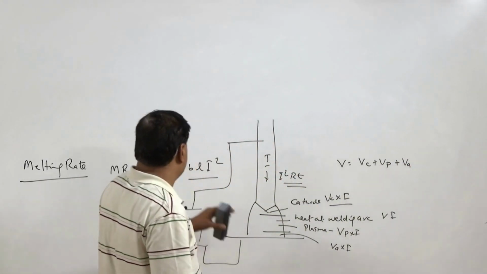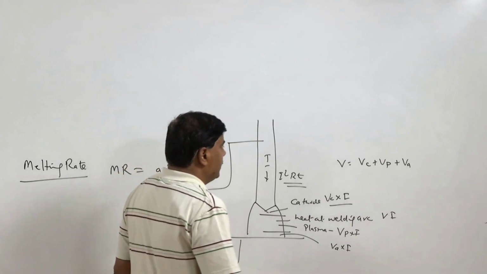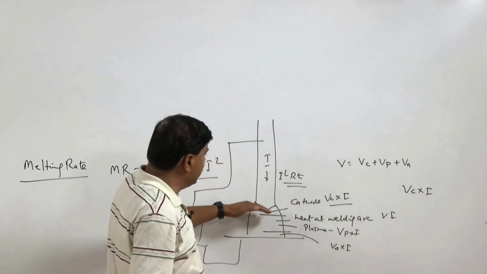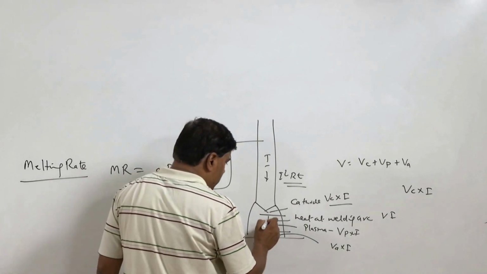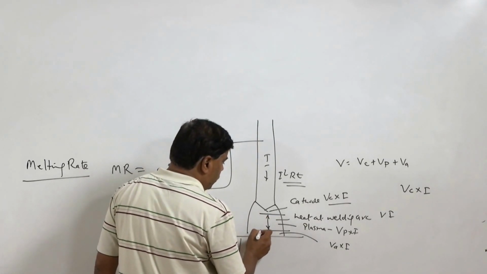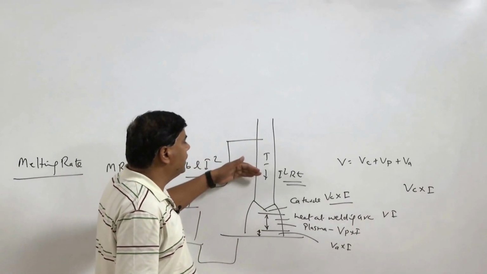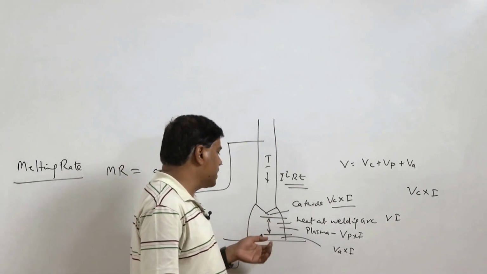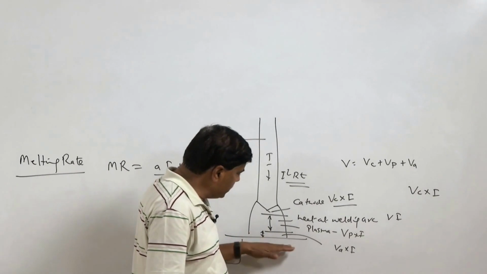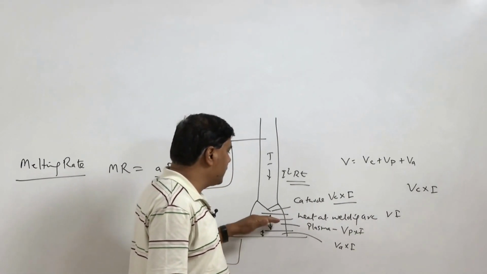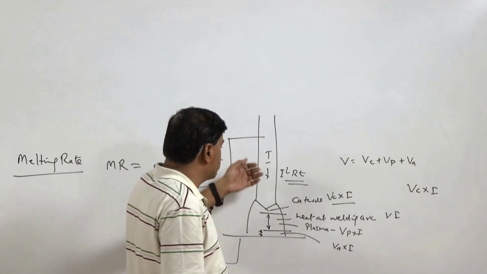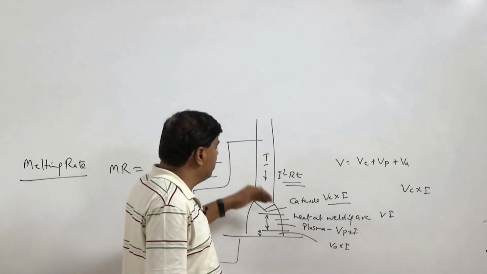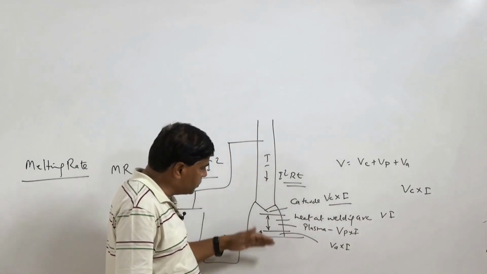If we are talking about the melting rate of the electrode, then Vc into I plays a big role, because the heat generated in the plasma zone and the anode drop zone does not affect the melting of the electrode much; they are away from the electrode tip. The anode drop zone heat is mainly used for melting the workpiece, and the plasma heat is used either for melting the base metal or is carried by the molten metal drops transferred through the plasma.